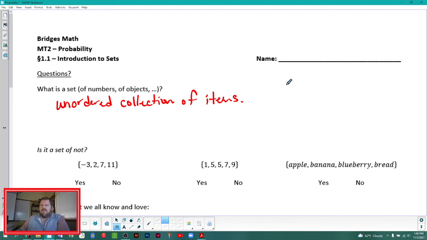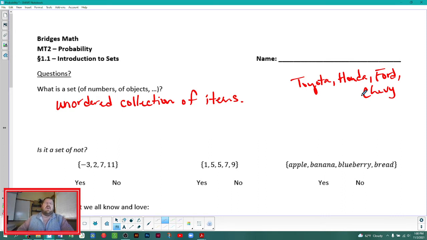We could have something like Toyota, Honda, throw a Ford in there, and a Chevy. Okay, that's a collection of items, and in no order.